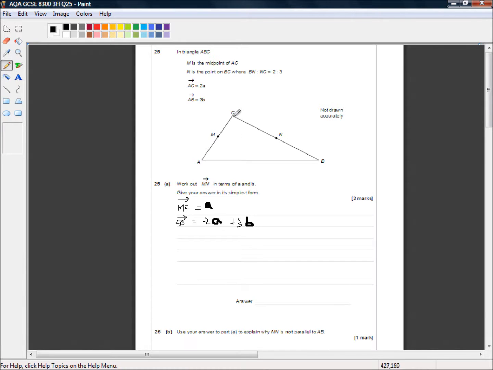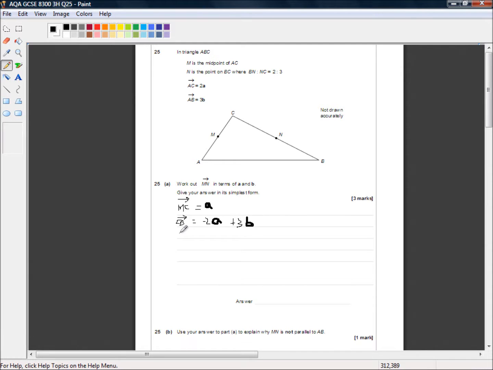Okay, so now we want CN. We've got CB, we want to get CN. So if the ratio of BN to NC is 2 to 3, then CN is 3/5 of CB and NB is 2/5 of CB. So what we want is to multiply CB by 3/5.